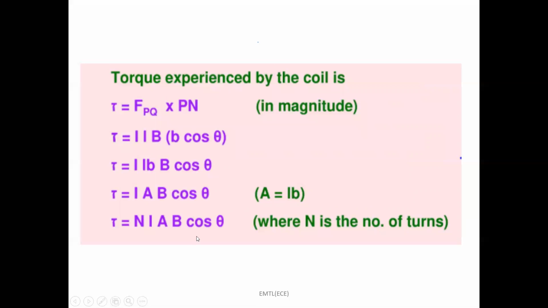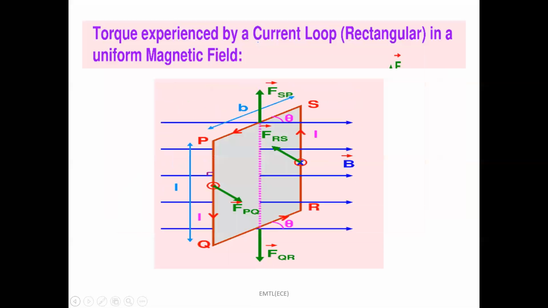So, the torque experienced by the coil. As we know from the basic definition, torque T is equal to force into displacement. Here the force on side PQ is FPQ and the displacement is along the perpendicular direction.